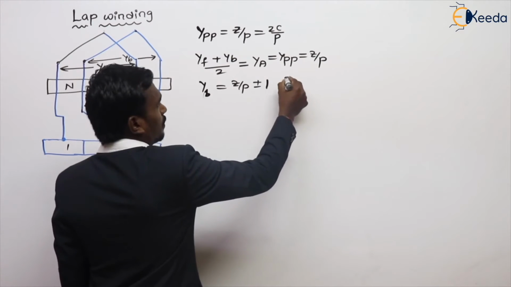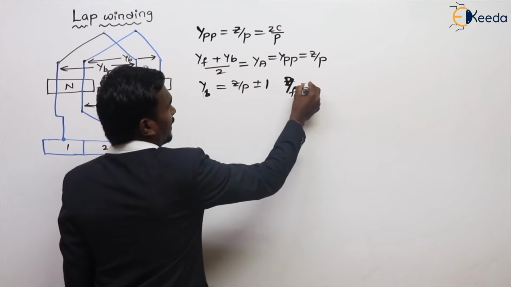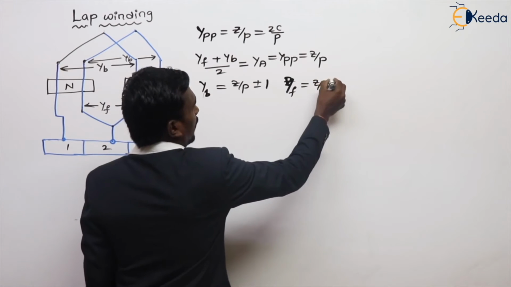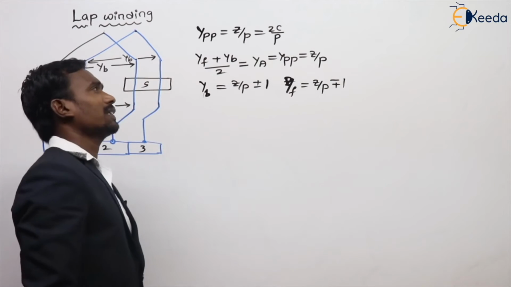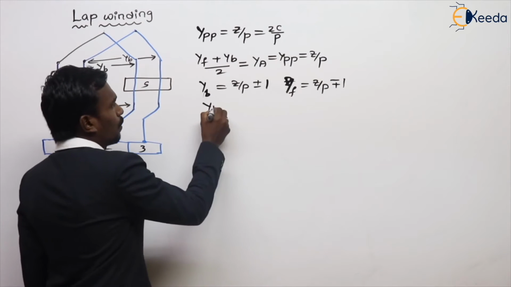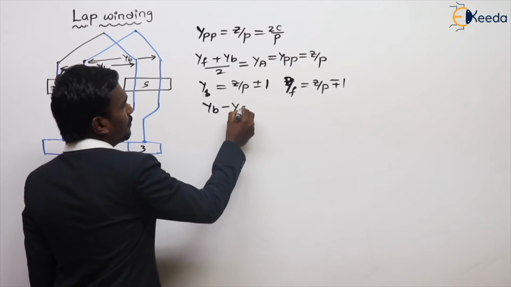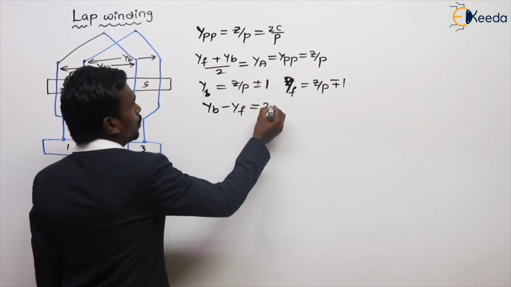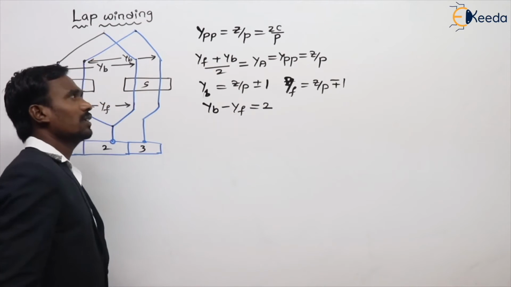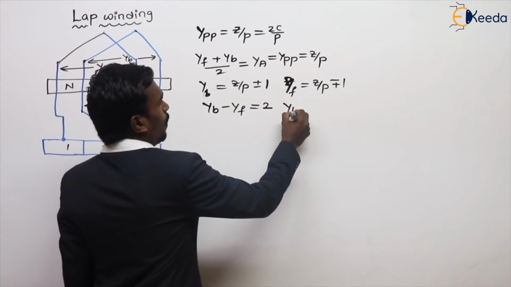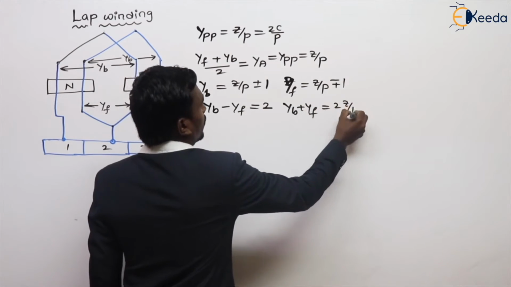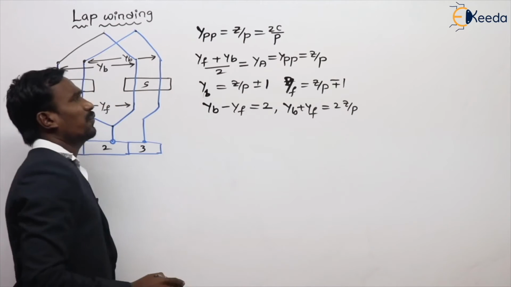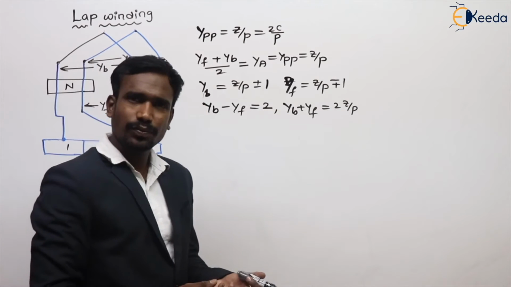And front pitch is equal to Z by P minus or plus 1, minus for progressive, plus for retrogressive. YB minus YF is equal to 2 for progressive winding and YB plus YF is equal to 2Z by P. These are the different formulas up to now.